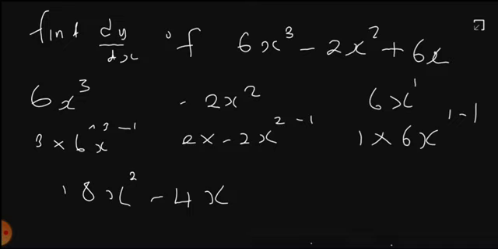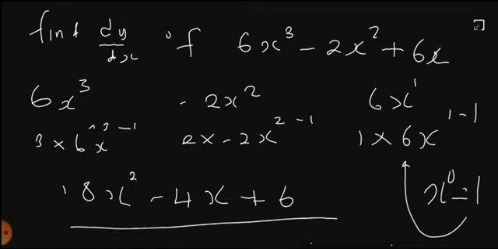Then we have 1 times 6, that is 6, since x is raised to the power 1 minus 1, which is 0, and any number raised to the power 0 is 1. So it will be 1 times 6 again, which gives us 6, and this gives us the dy dx of this function.